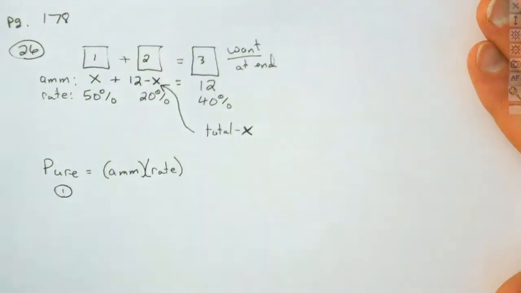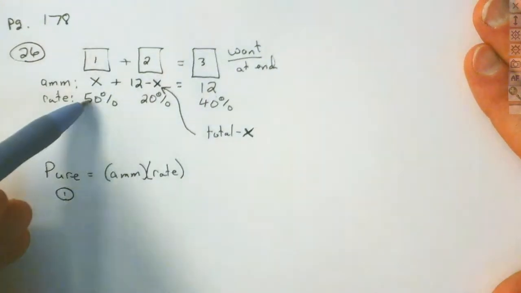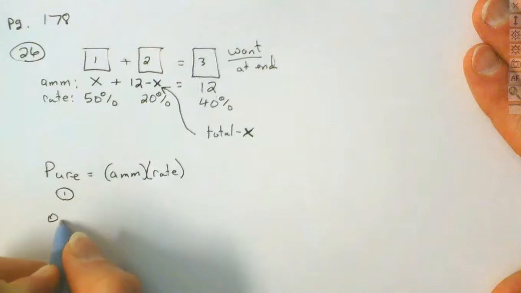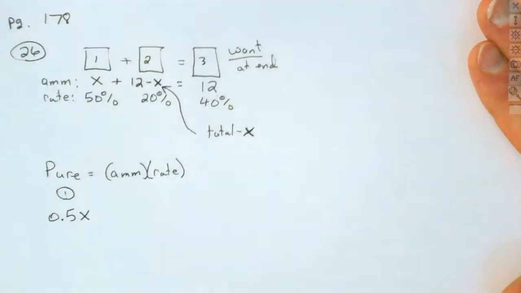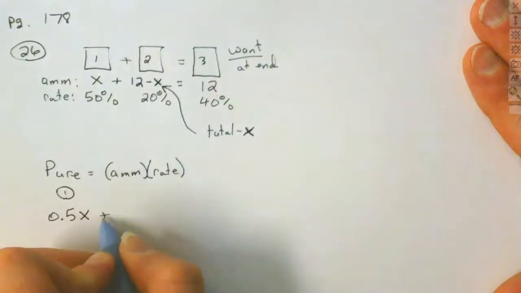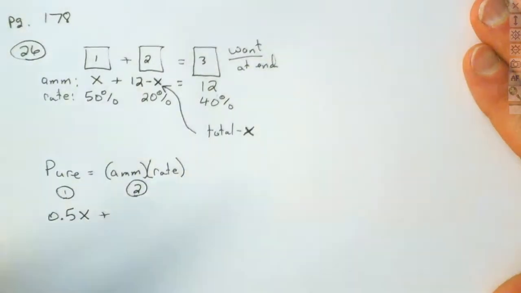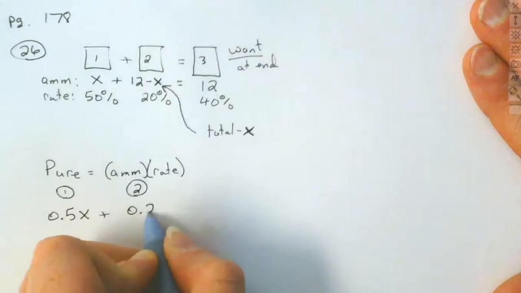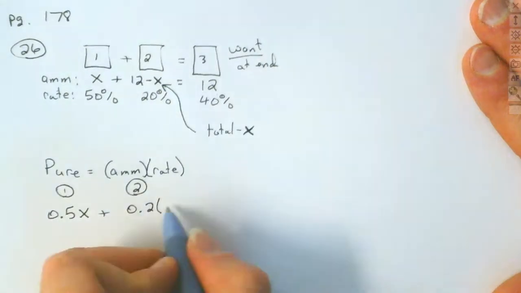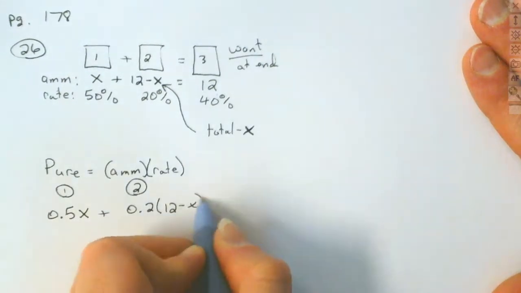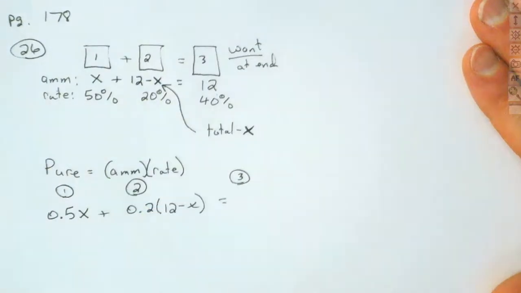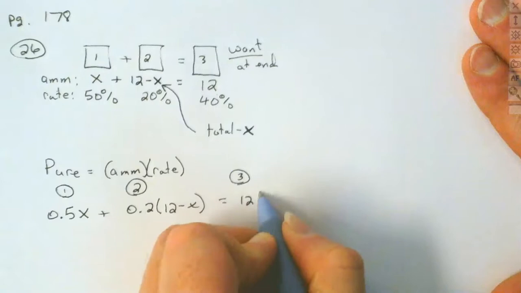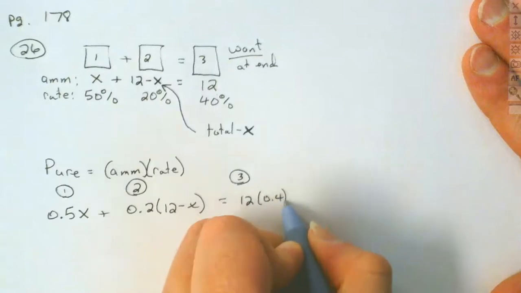So the first one is 50%, so that's 0.5. An unknown amount in it is X. The second one, 20%, so that's 0.2. How much is in there? 12 minus X. And the other side is your third box, and that's 12 times 0.4.